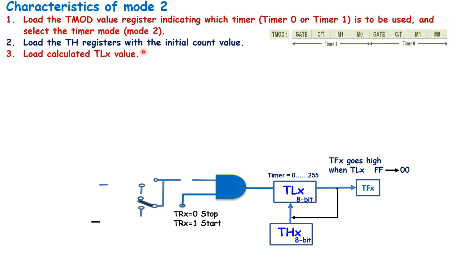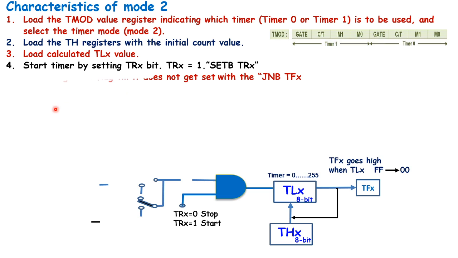Load the TH register with the initial count value, load the calculated TLX value, and start the timer by setting TRX. This is the run control bit. When this bit is equal to 1, where X indicates 0 or 1, for timer 0 TR0 and for timer 1 TR1 is set by using the instruction SETB TRX.